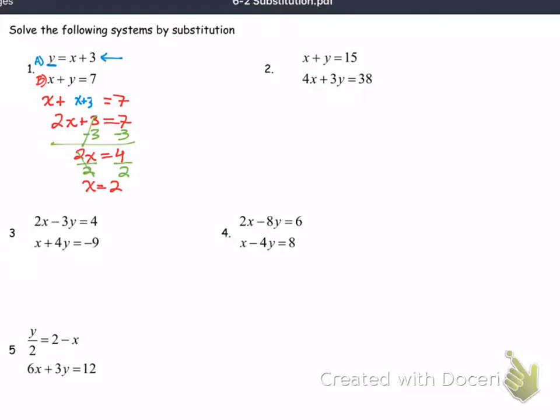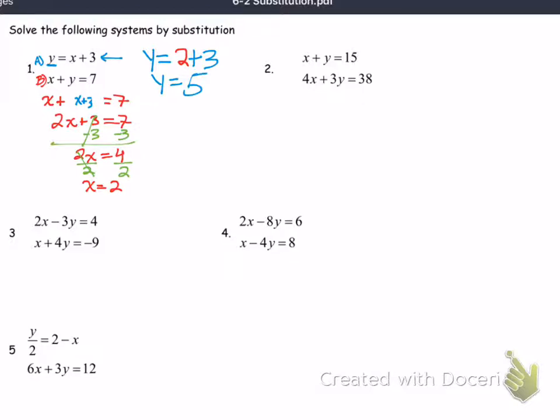Now you can choose either line A or line B, and you plug back in the 2. I'm going to put it back into A, because y is already isolated. So I go back to A, y =, and substitute 2 instead of x: y = 2 + 3, and my y is equal to 5.